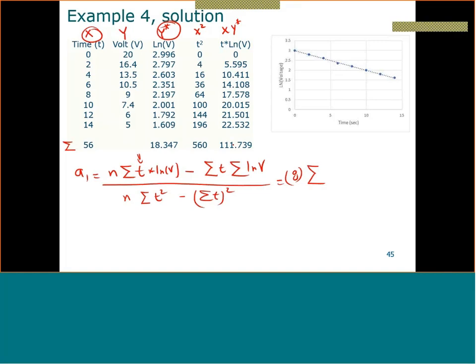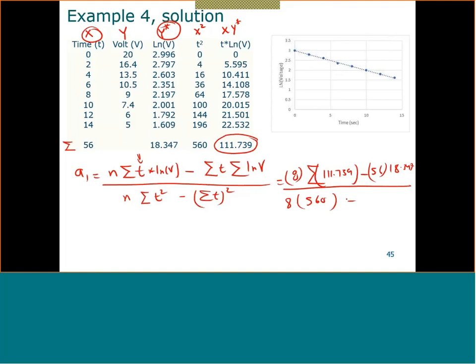So this becomes 1.739 minus the summation of T, which is 56, times the summation of Y star, which is 18.347, divided by 8 times the summation of T square, which is 560, minus the summation of T, 56, all squared.